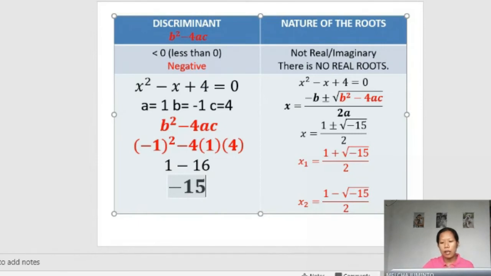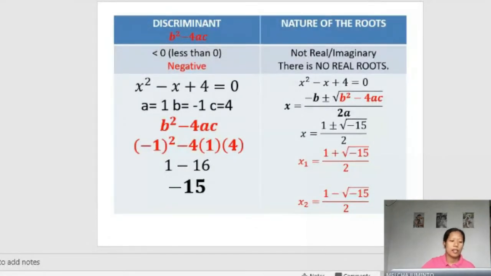In this case, for example, the number inside the radical sign is negative 15. If there is a negative number inside the radical sign, it is called an imaginary number, because you cannot extract the square root of a negative number. It will become an imaginary number. Okay, so those are the four characteristics of roots based on the discriminant.